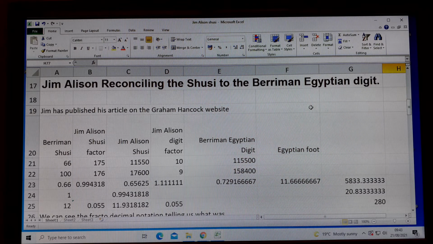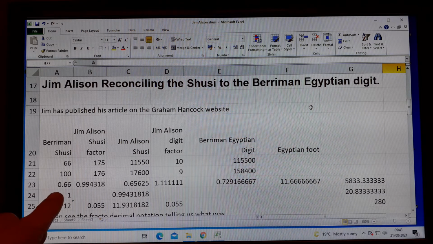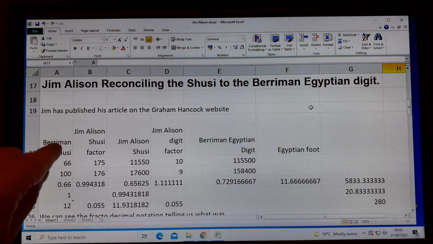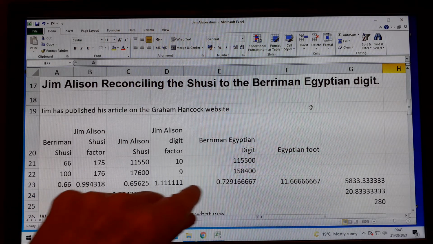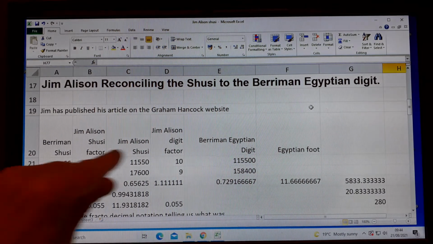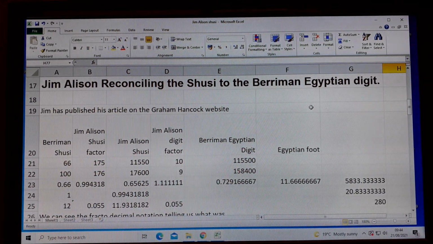So what I've done is I've taken Berryman's Shusi, which is 0.66 inches, and it's here in the corner there. Berryman Shusi, 66/100. I'm using fractodecimal notation here. Jim is using these numbers across the bottom, but I've put in the whole number fractional mathematics.